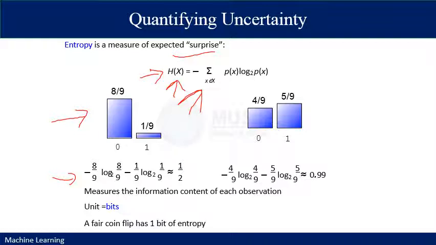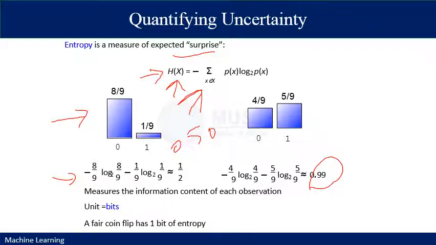In the first case, we have seen that the entropy in this case is 0.5. On the other hand, it is 0.99. This measures the information content for each observation, and the units represented here are the number of bits.